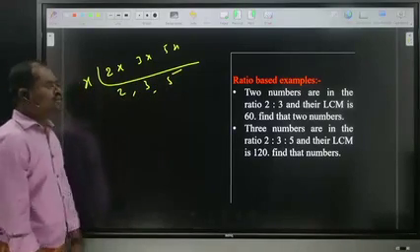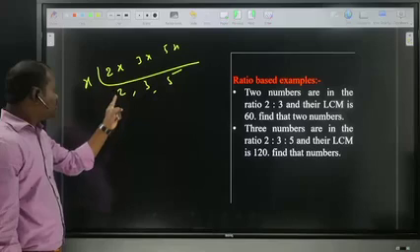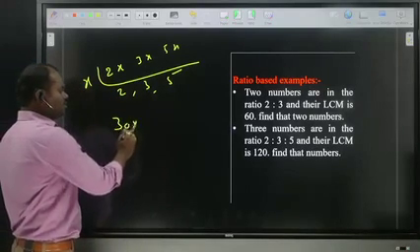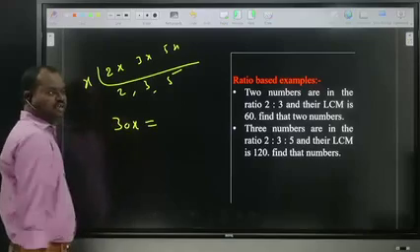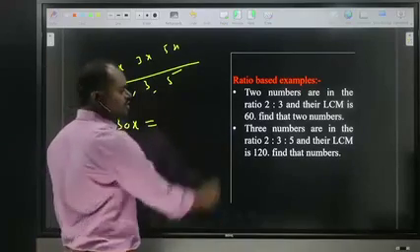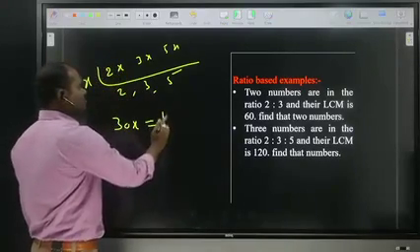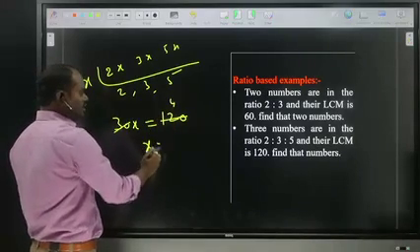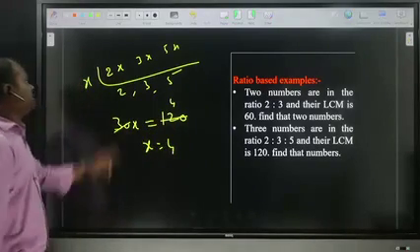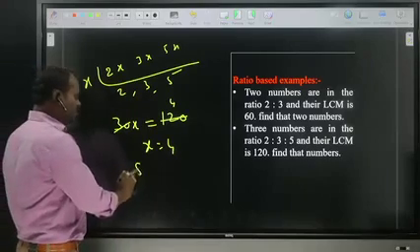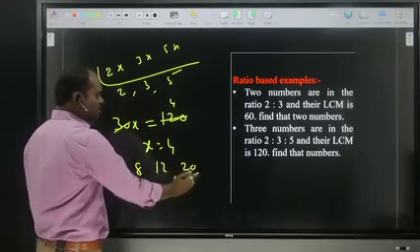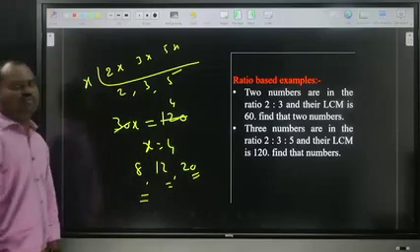What is the LCM? 5 3's are 15, 15 2's are 30. So 30x. As per our assumption it is 30x, but as per the problem the LCM is 120. 30x equals 120, so x is 4. If x is 4, what are the numbers? 2 4's are 8, 3 4's are 12, 5 4's are 20. So 8, 12 and 20.